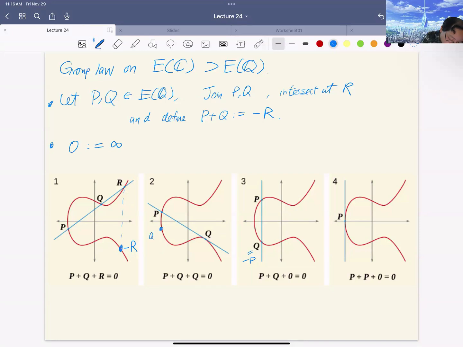This is Q plus Q, or 2Q, by definition. And of course, the last one: P is also a point with vertical tangent. So P plus P in this case has no intersection, so P plus P is 0. We say that in this case P has order 2, because 2P is 0.